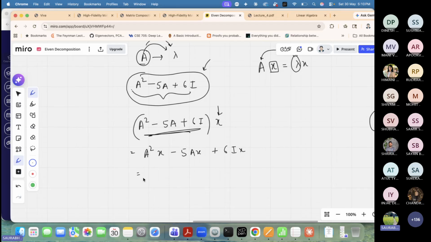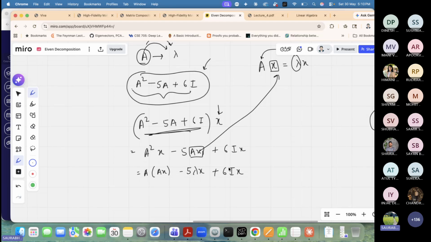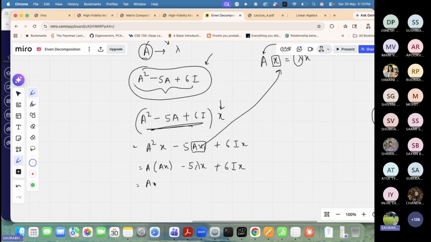Now you can write it as A into Ax minus 5Ax, where Ax is equal to lambda x. You already know that, right? Plus 6 into Ix. A into Ax is A into lambda x, so this becomes 5 lambda x plus 6x, since Ix is x.